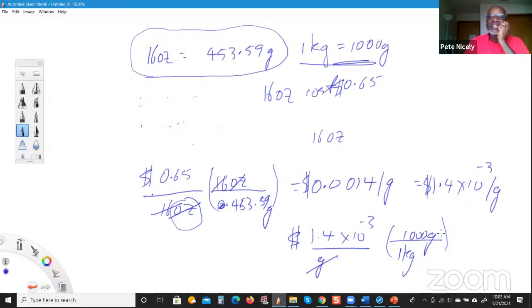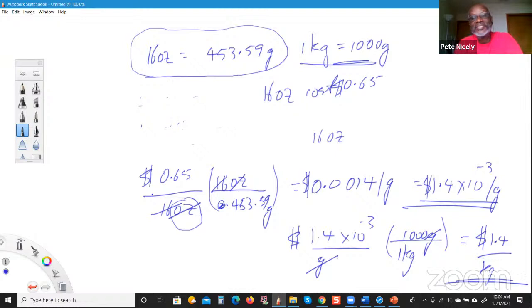So the gram units will cancel out, and you're going to get, in this case, 1.4 dollars per kilogram. So these are the answers here and here. All right, so that's basically how I would expect you to set it up, by using conversion factors to carry out the transformations. Okay, any questions about this one?